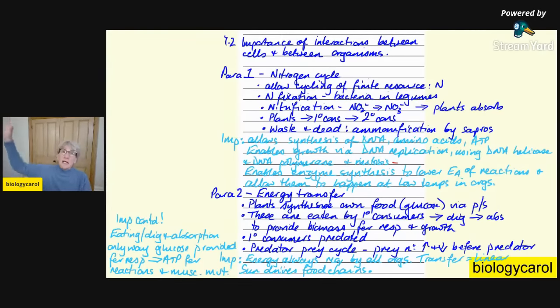The sun is the constant source. It is the source of energy on the planet. That allows the plants to fix carbon. Sun drives the food chains.